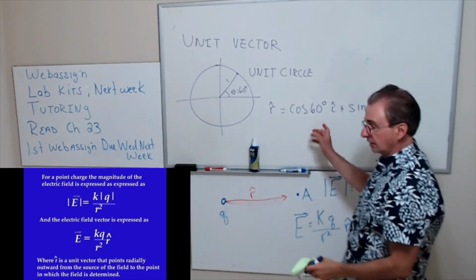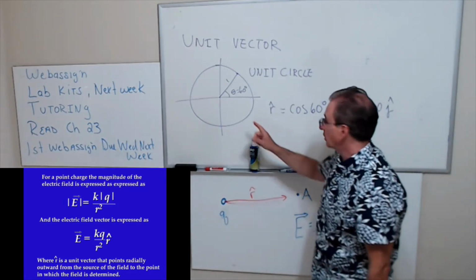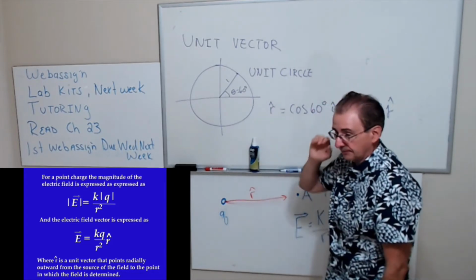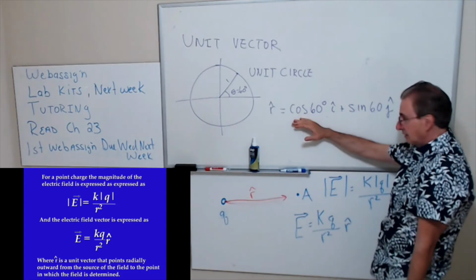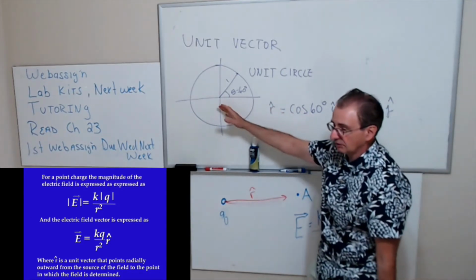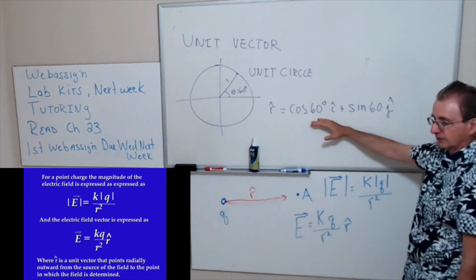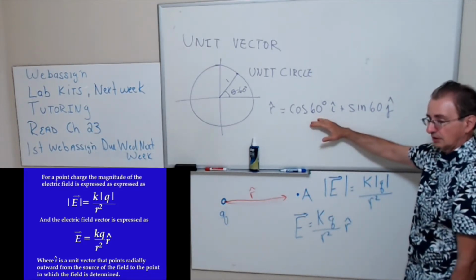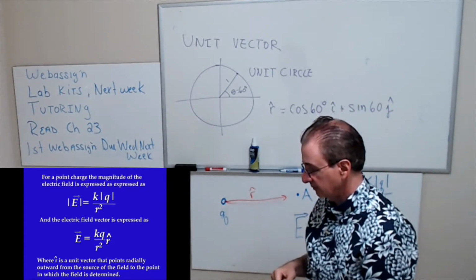That's going to be the coordinates of a point on the unit circle at theta equals 60 degrees. This is used to represent a direction you're going. Instead of saying 60 degrees, you can express the direction this way in vector notation. Does that make sense?